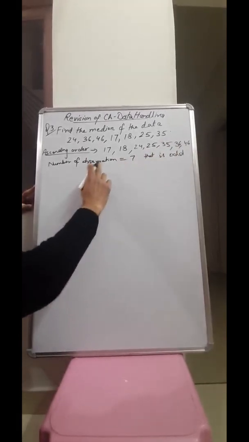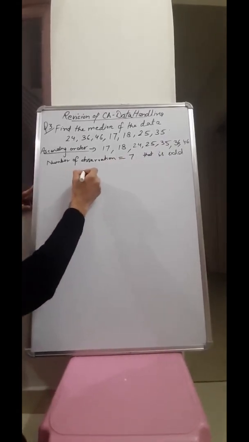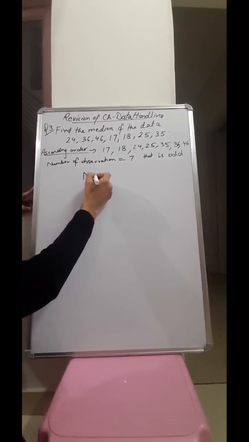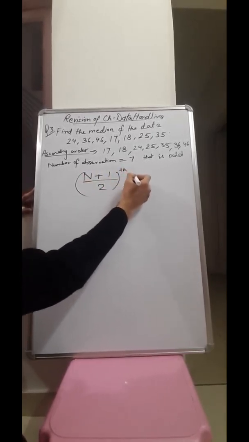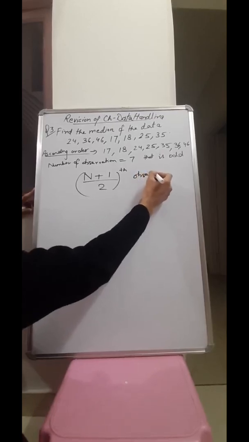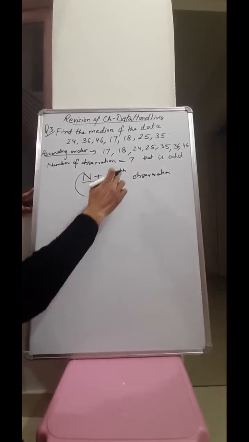So when the number of observations is odd, the formula to find the median is the (n plus 1) upon 2 observation.